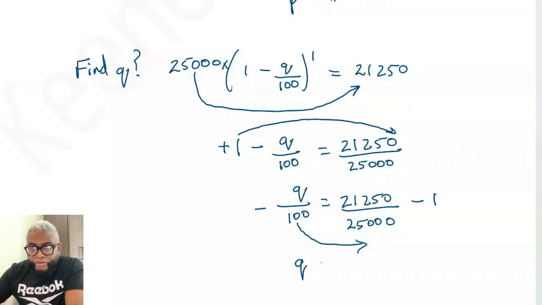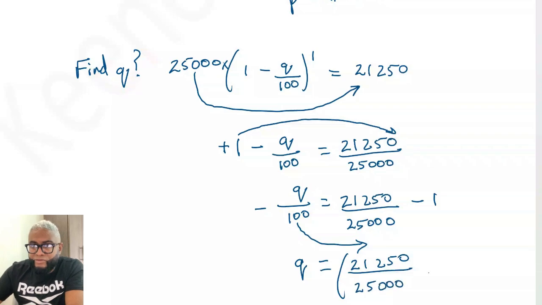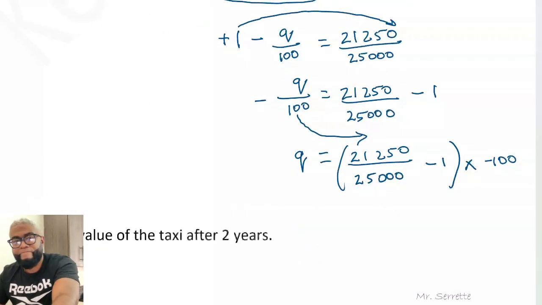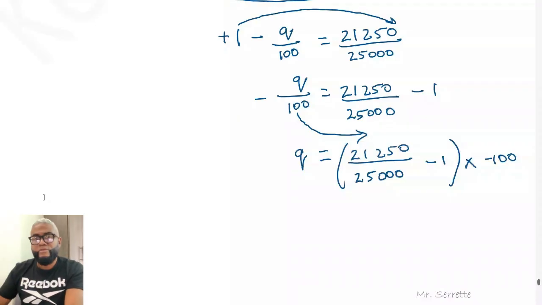So watch. Q would be equal to, we're leaving this in bracket, 21,250 over 25,000 minus 1, and I need to multiply by the negative 100. I brought the negative over to get rid of it from the right. So punch this whole thing into the calculator. We're supposed to get how much percent it is.